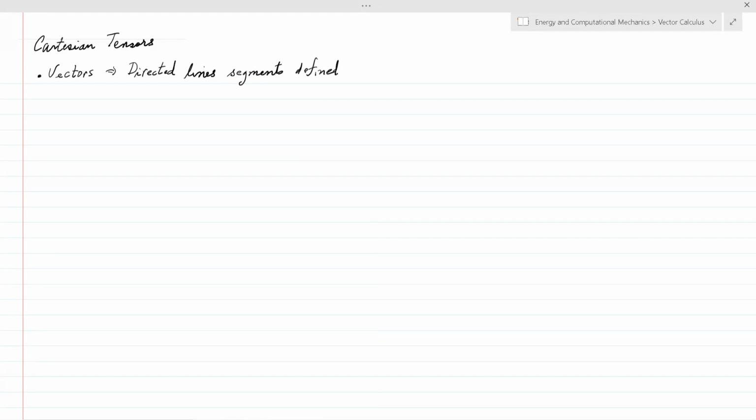So let's consider Cartesian tensors. So let's start with vectors. What are vectors? They're directed line segments defined by magnitude and direction.